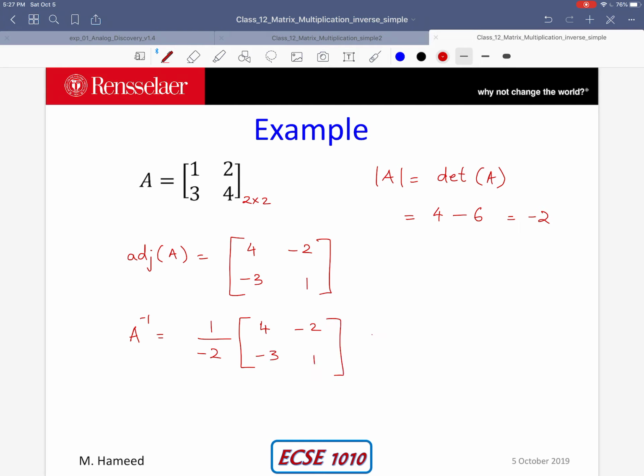So this can be written as 4 divided by -2, so I've got -2 there, 1 for the second element, 3 over 2 for the next one, and then -half for the last one. Another 2 by 2 matrix. So as long as we are doing inversion for a 2 by 2 matrix, it's relatively very simple and it's straightforward. Alright, I hope this video helps.